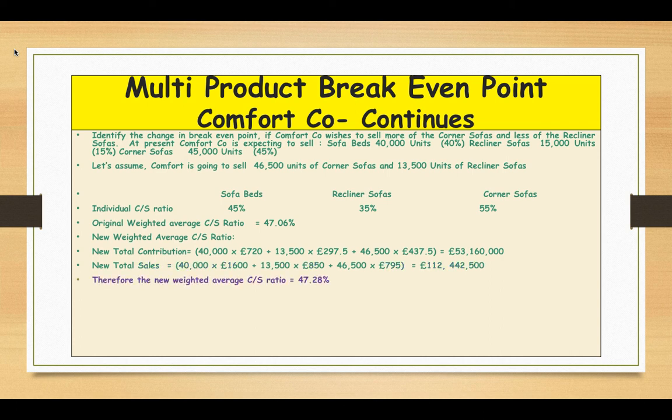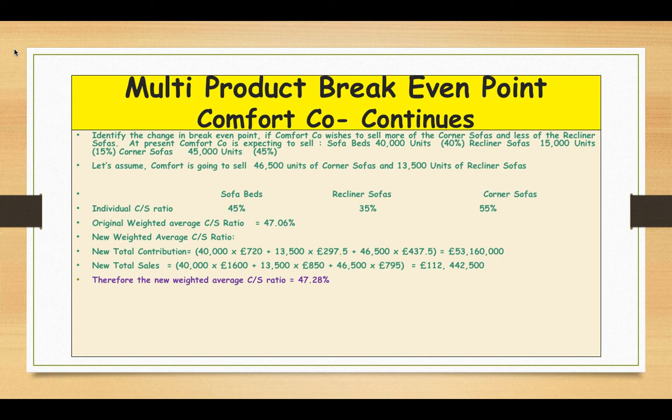So our new weighted average contribution to sales ratio is going to be 53,160,000, our new contribution, divided by 112,442,500, our new sales, times 100, and you will get 47.28%.